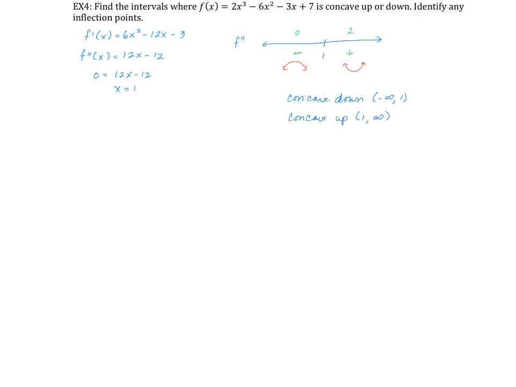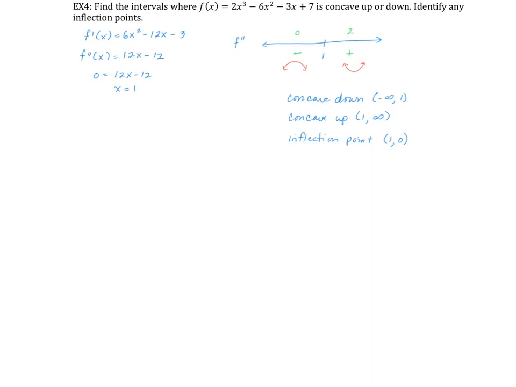So if the sign changes, then it's an inflection point. So the inflection point is a point where the x value is 1. If I put 1 into my function, remember we're trying to find the point on the graph where there's an inflection point. So when I put 1 into the original function, I get back 0.